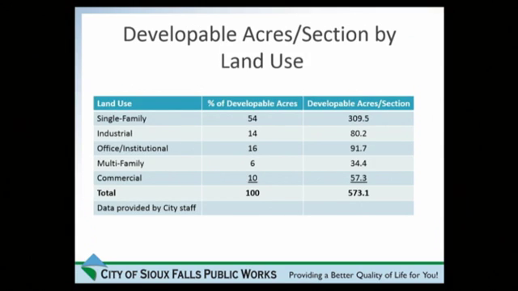Now this next slide just takes that and says that 54% of the 573.1 acres is 309.5 acres. So when we look at a prototypical section of land, we expect 310 acres of single family, 80 acres of industrial, 92 of office institutional, 34.5 of multifamily, and about 57 of commercial.